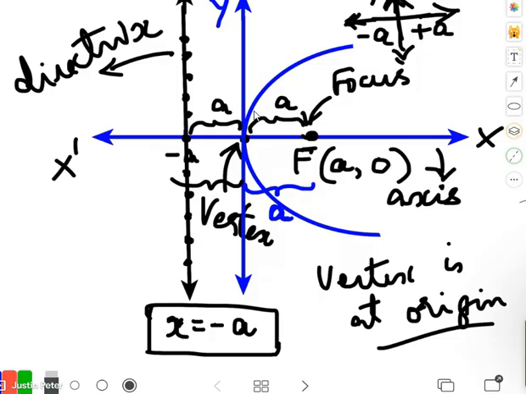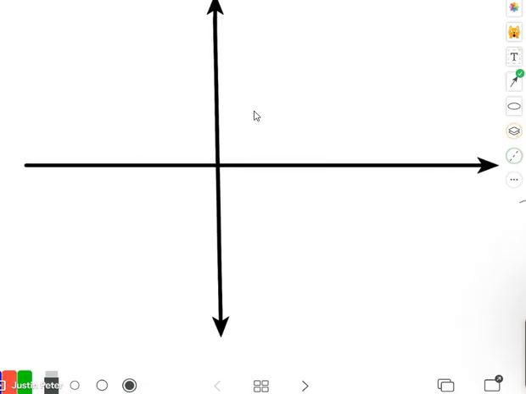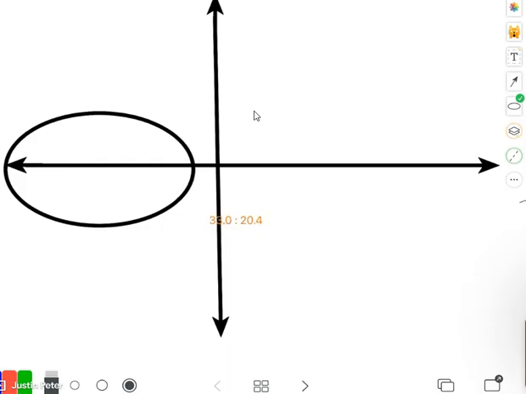So you can also have the parabola on the left side of the y-axis. Okay, let's see that. Negative x-axis. Do you see what I'm saying here?